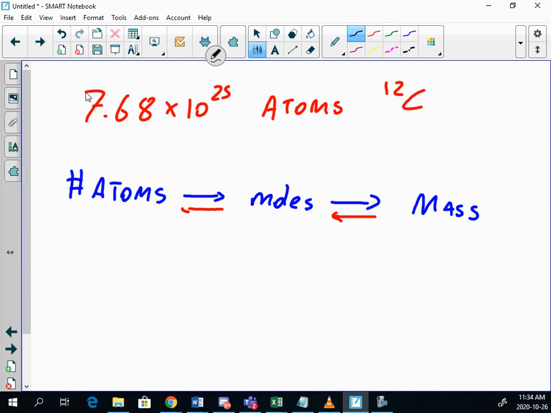My steps are as follows. I'm going to start with my 7.68 times 10 to the 25th atoms, and I'm going to convert it into a number of moles by dividing. I'm going to divide by 6.02 times 10 to the 23rd.